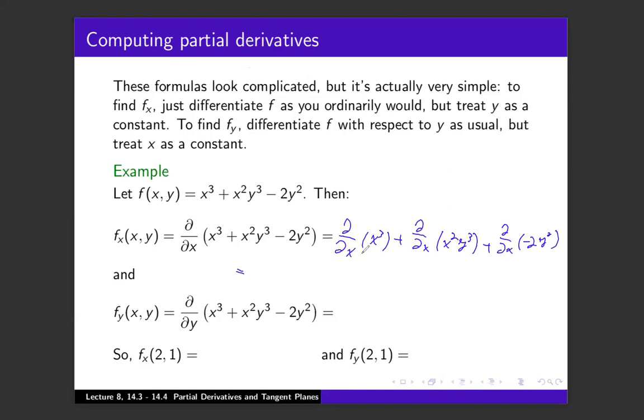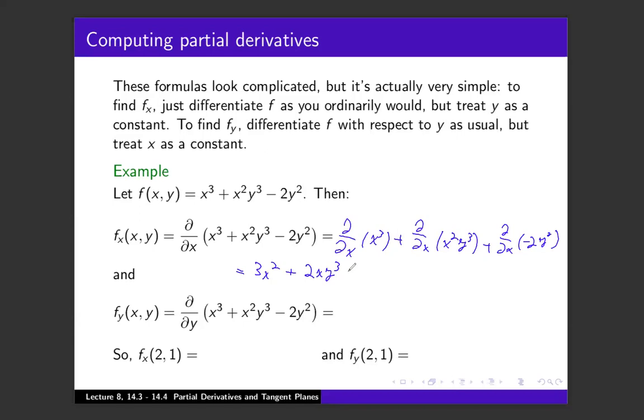Now what about del x of x cubed? Well, that's just the derivative with respect to x of x cubed. We know what that is. That's 3x squared. Easy enough. And then meanwhile, you've got del x of x squared y cubed. Well, y is a constant, so y cubed is a constant. And if y cubed is a constant, then you just leave it where it is. So that's plus 2x y cubed. And that just leaves the last term, del x of negative 2y squared.